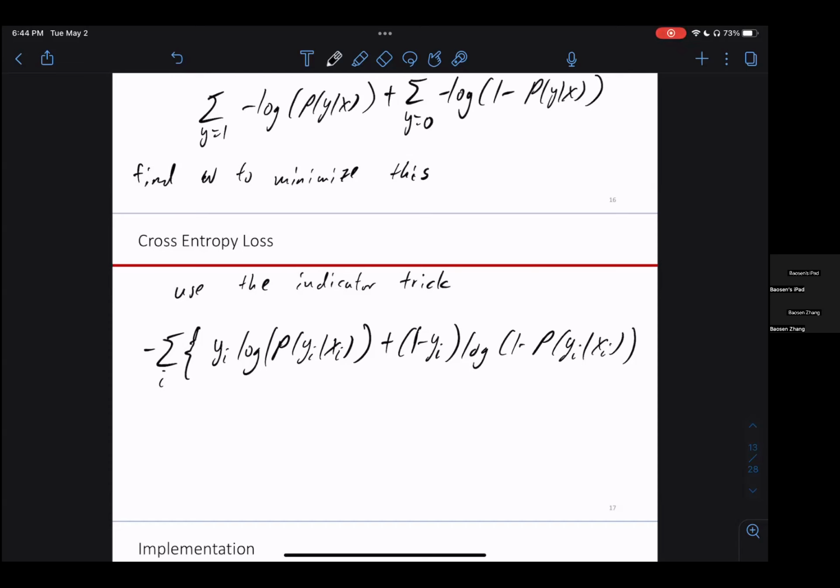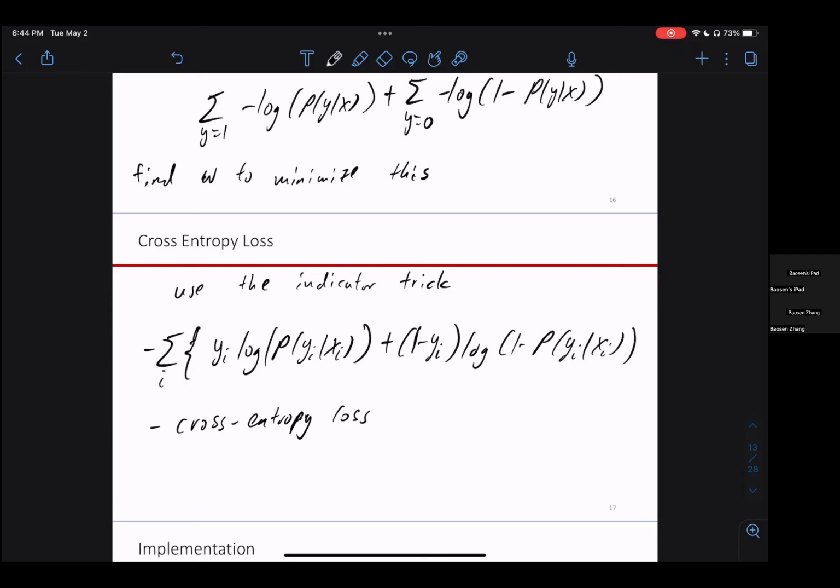If y is 0, this term gets killed, and you're just minimizing over the other term. So this way you can write it as a single summation. This is called the cross entropy loss.